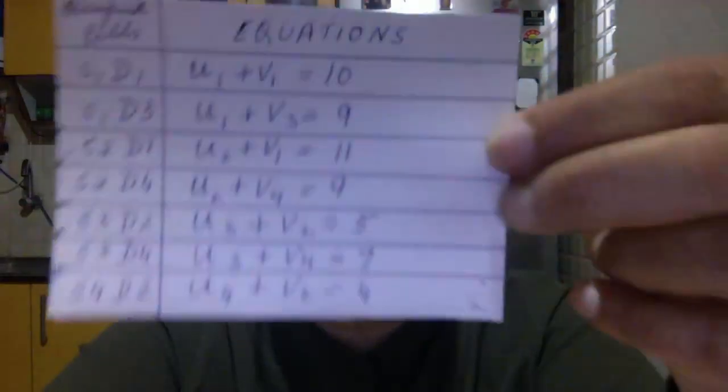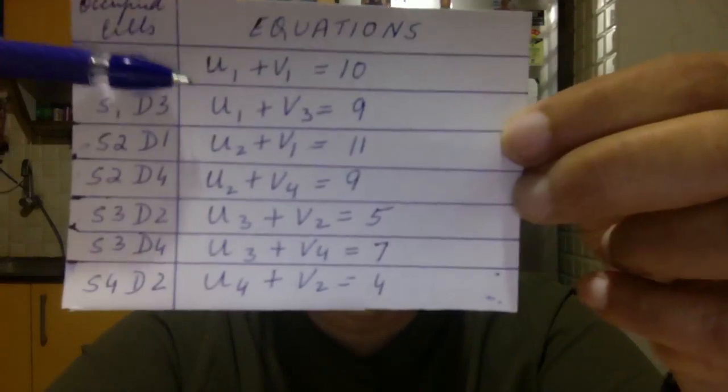How to solve the equations? Take any one variable which appears more than once. So we will take here, see, this u1 has appeared twice. Any one, you can take u2 also, but yesterday I took u2 because I got u1 only once.